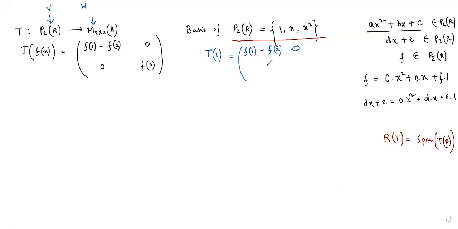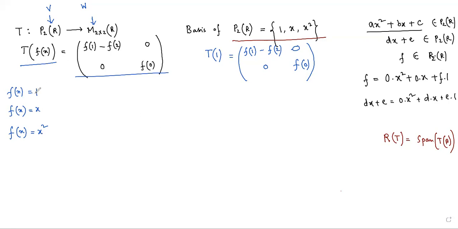Shouldn't you write T of f of 1? No, I'm using this. Shouldn't it be T of f of 1 instead of T1? f(x) is itself 1. It's a polynomial. f(x) is 1. Next we are going to consider f(x) to be x. Then we are going to consider f(x) to be x square. Okay, sir.